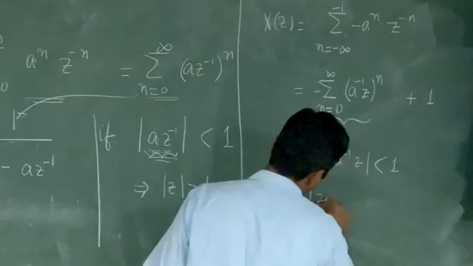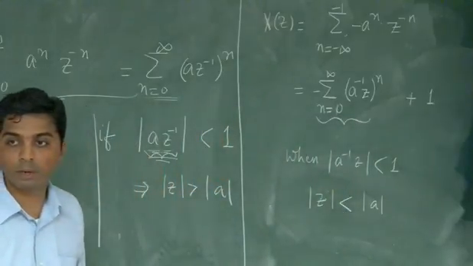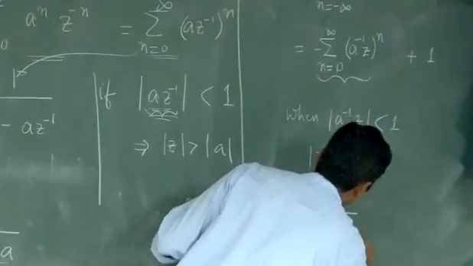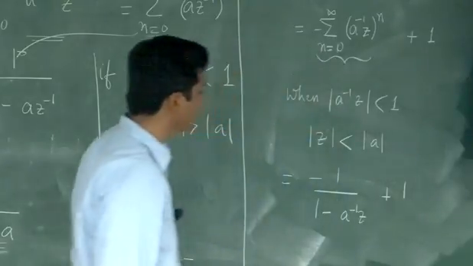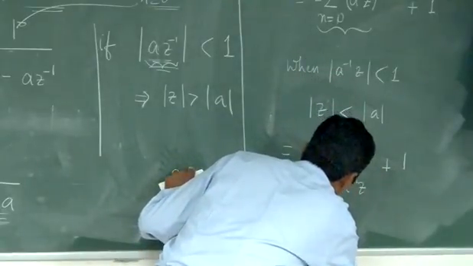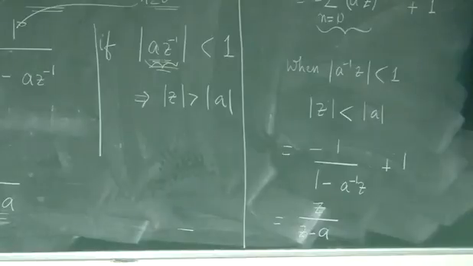This means a mod Z has to be less than 1. Correct. So what does that turn out to be now? Is that correct?